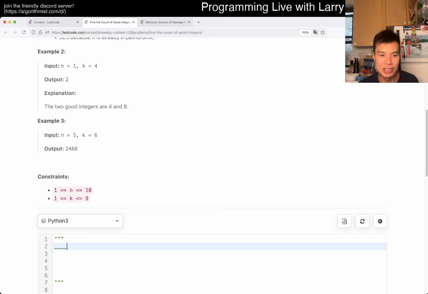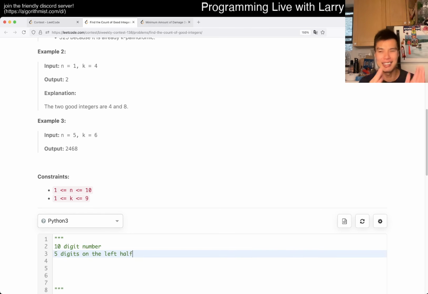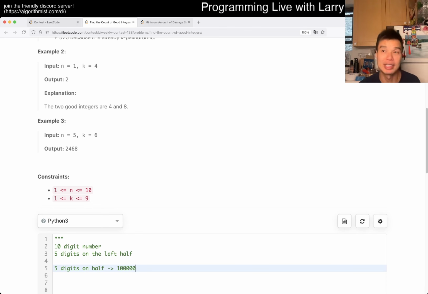There are only 5 digits. If you have a 10-digit number, you only have 5 digits on the left half, and then just reflect it on the right half. Because there are 5 digits on half, that means there are only 100,000 numbers.